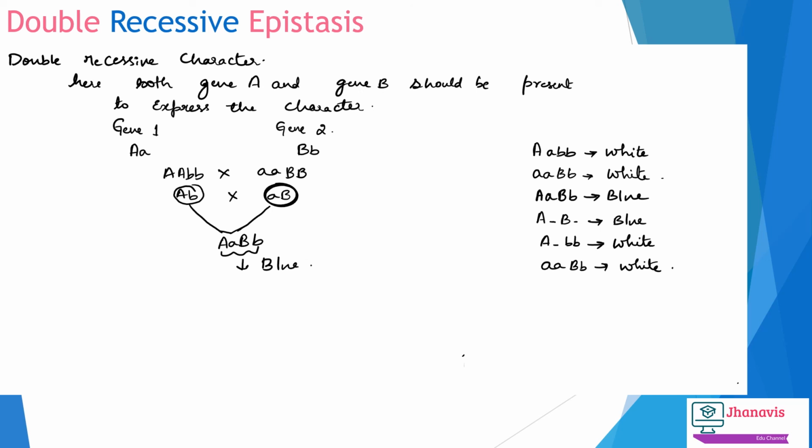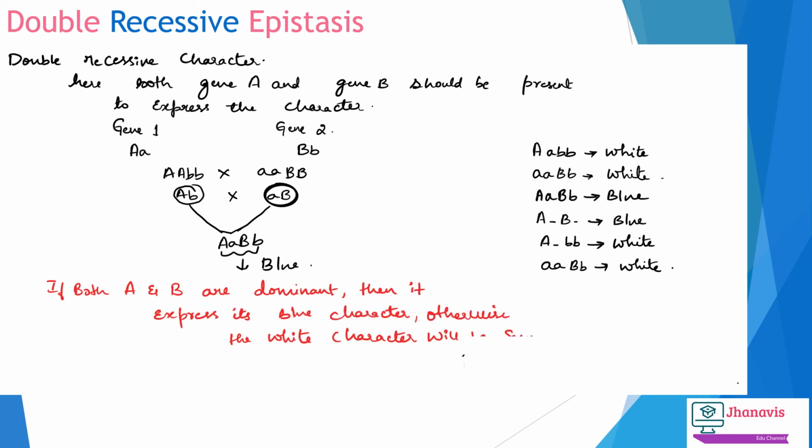That means if both capital A and capital B are present, only in that allelic form the blue color character is seen. That means the gene can express itself when both A and B are dominating one another. Then it will express the blue color. Otherwise, it won't express its blue color character.